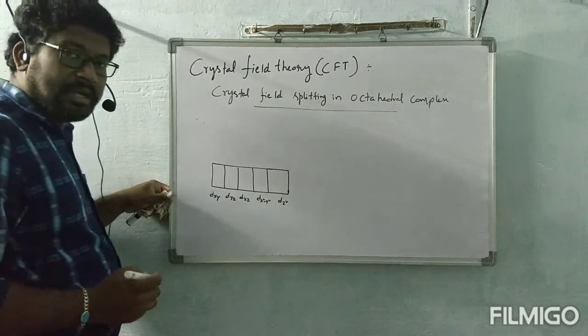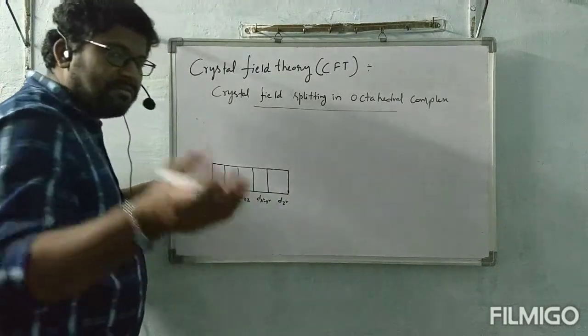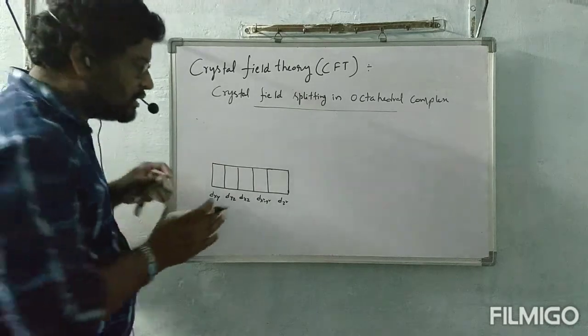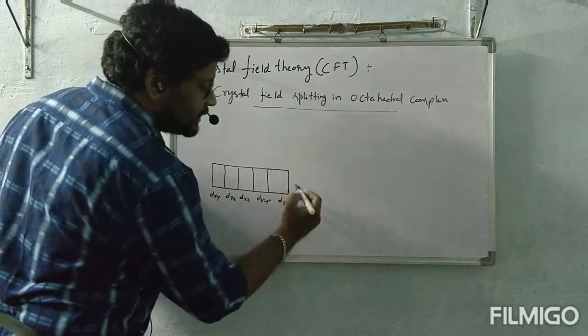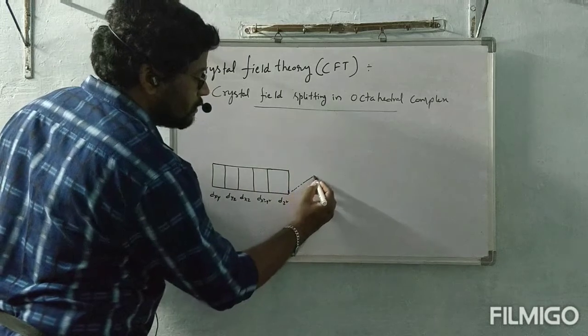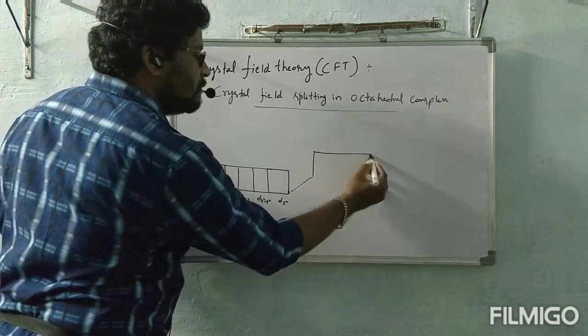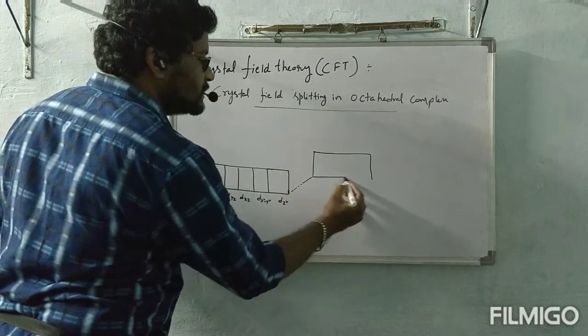dz square. Initially, because of the repulsions before the ligands approach, all the orbitals' energy will first be a little bit increased.